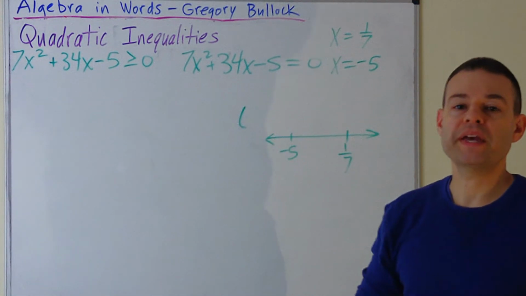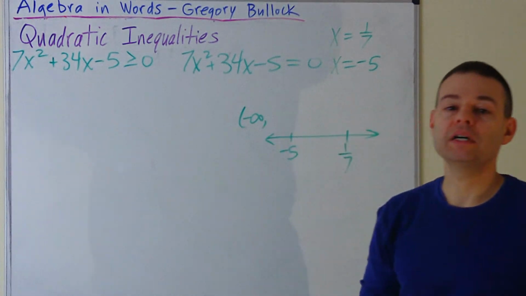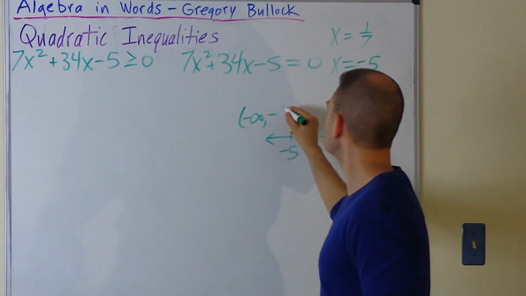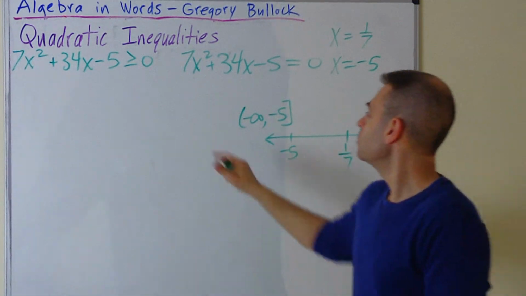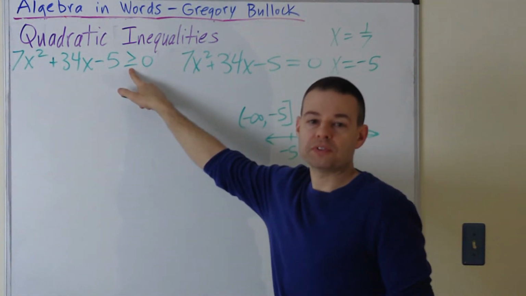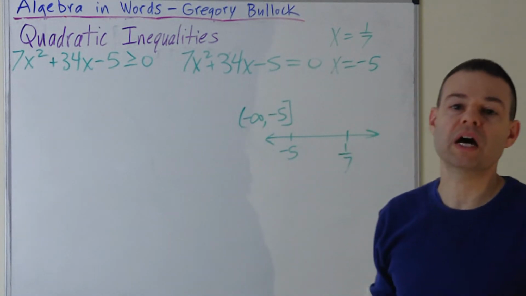On the left, we have negative infinity, comma, negative 5. And this will end now with a bracket because the greater than or equal to is an inclusive symbol, and it's because it's got the or equal to line in the bottom.